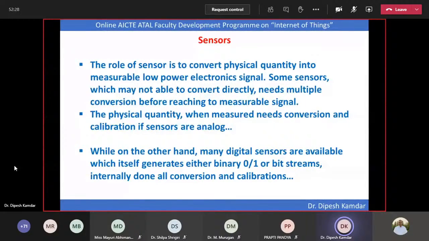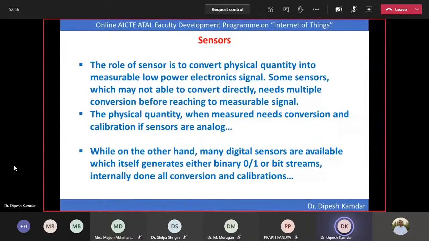Like if you are sensing temperature, it is converted into an analog signal by a thermocouple or any thermal resistor based transducer. Then it gives me some electric signal. That electric signal is then given to the analog to digital converter, which gives me the digital output.